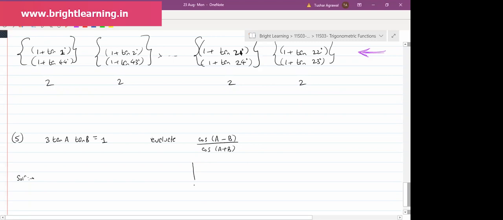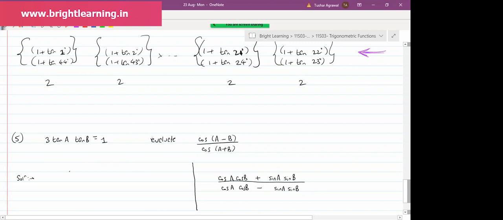What's my destination? I have to find cos of A minus B upon cos of A plus B. Means I have to find cos A cos B plus sin A sin B upon cos A cos B minus sin A sin B. This is my destination.